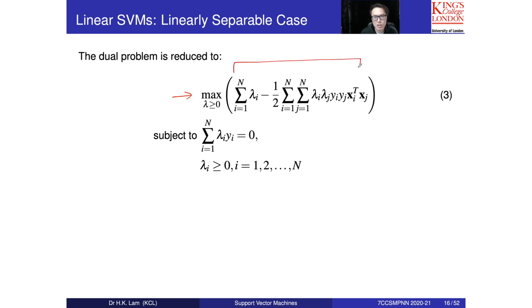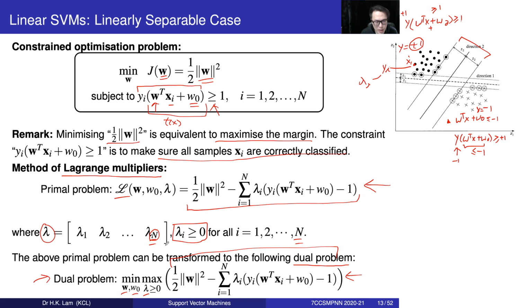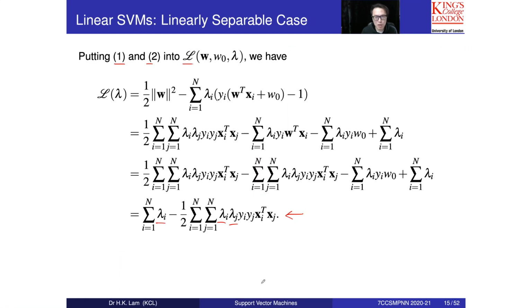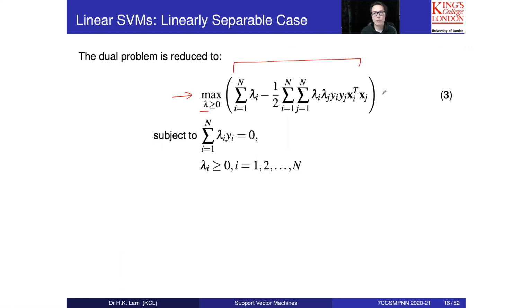Maximize this term with respect to lambda. Going back to this point, we have done the minimization with respect to W and W naught, and substituted W and conditions 1 and 2 into this formula, so that the problem is now reduced to maximizing this term with respect to lambda, subject to this condition.